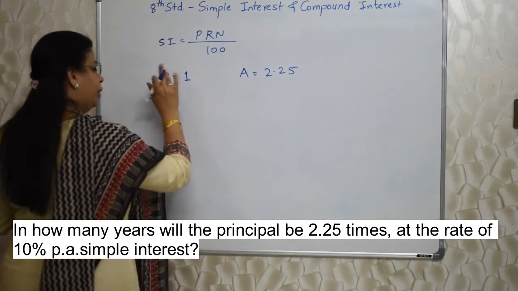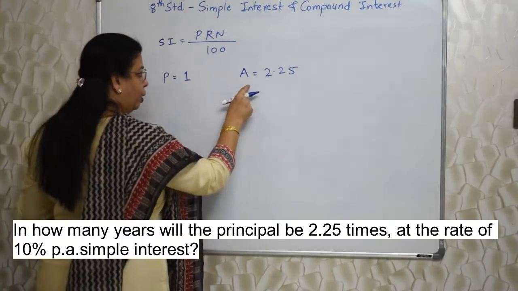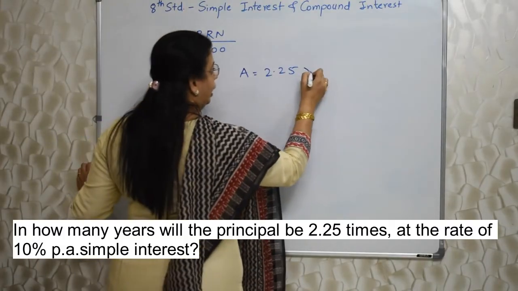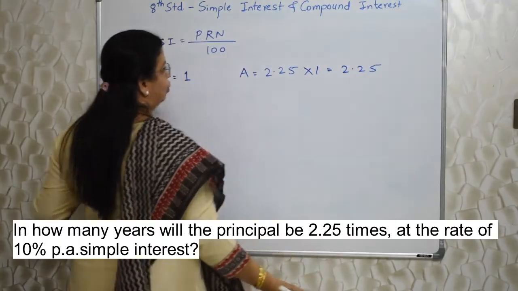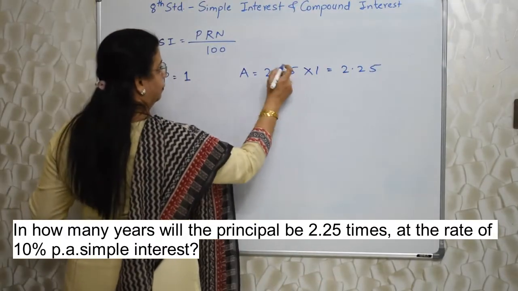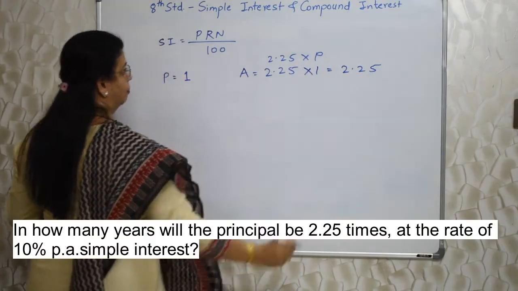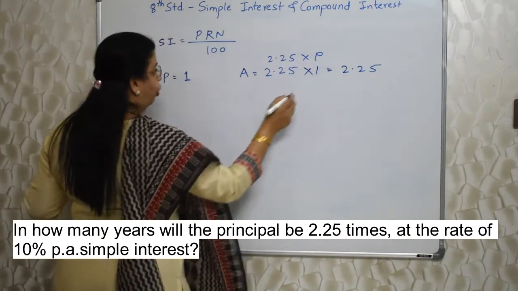So here I am assuming it as just 1. If principal would have been 1, then amount would have been 2.25, right? I can write even like this, so you will know. 2.25 times of principal, which they have mentioned in the sum. Okay, why has amount gone up to 2.25?